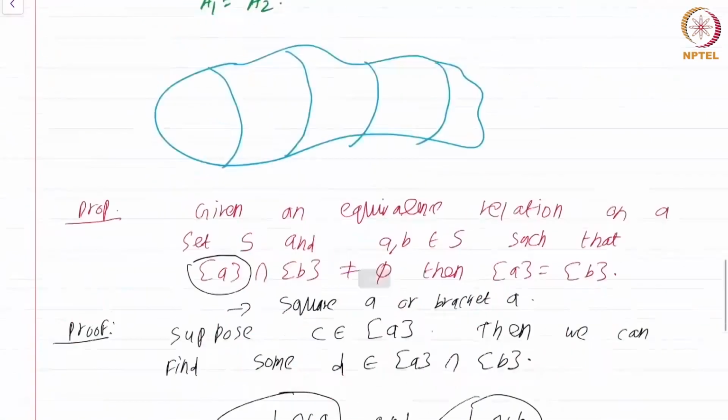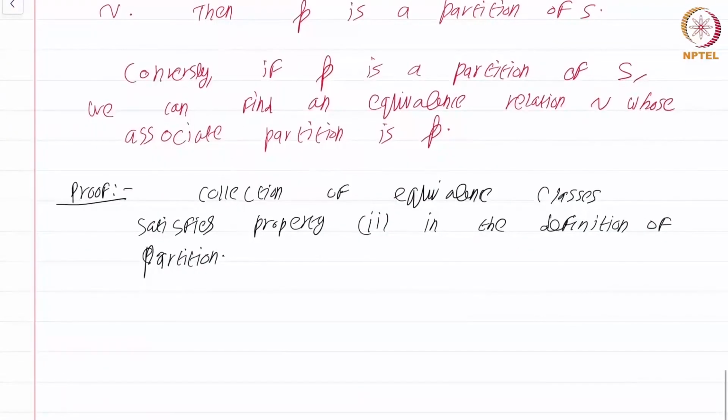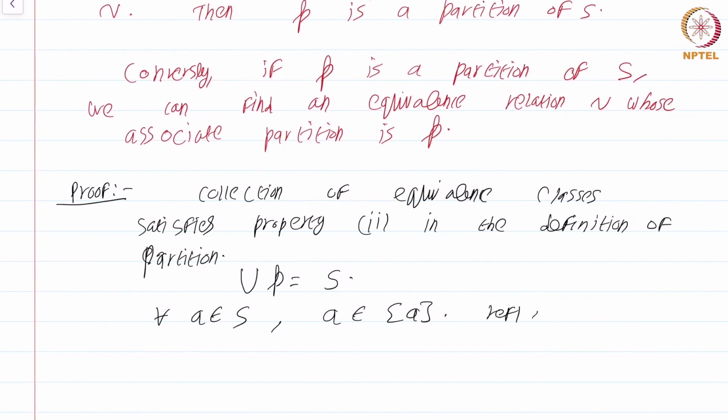So all we have to do is check condition 1. What do we have to check? We have to check that the union of P is S. But this is obvious because for all A in S, A is an element of the bracket of A, the equivalence class of A. This just comes from reflexivity. Okay. So both properties of partition are satisfied by the collection of equivalence classes.